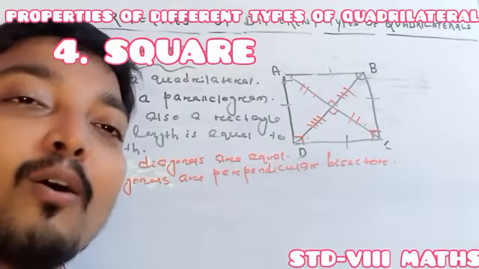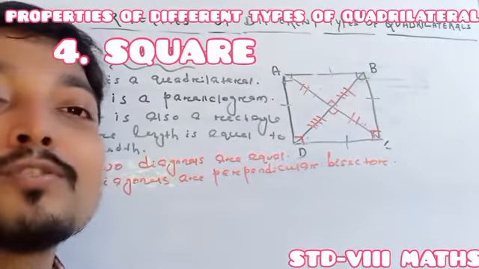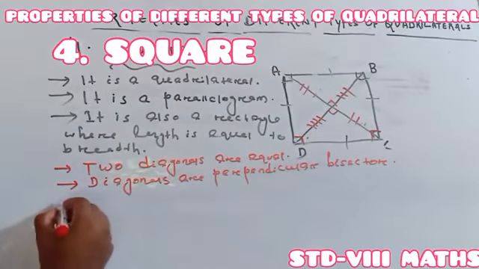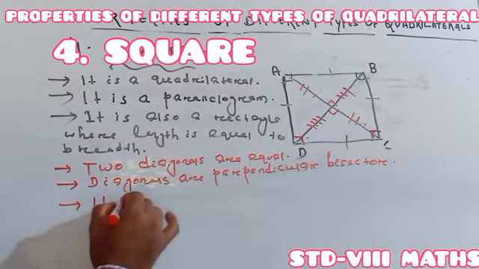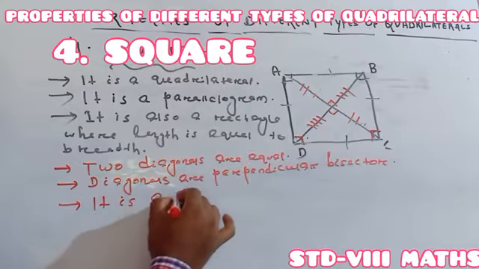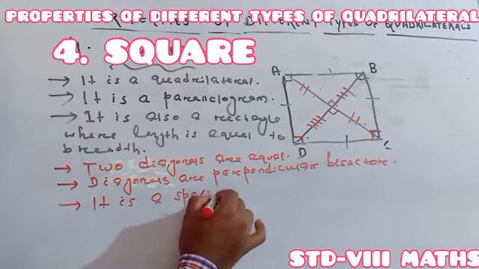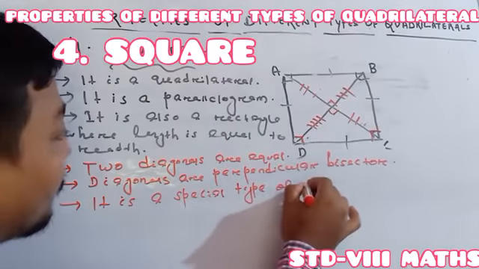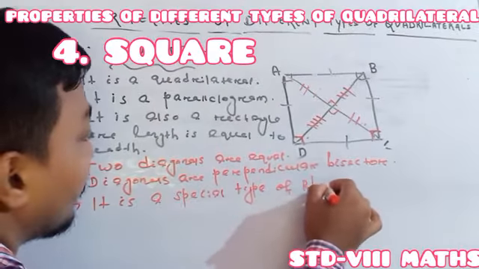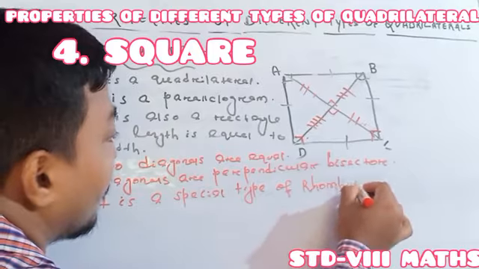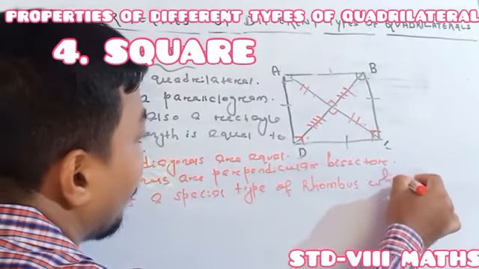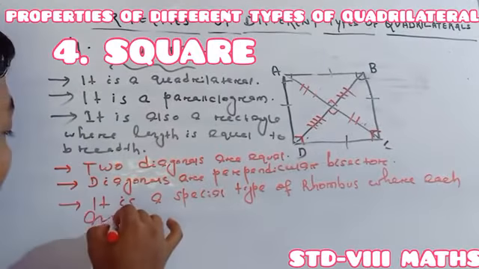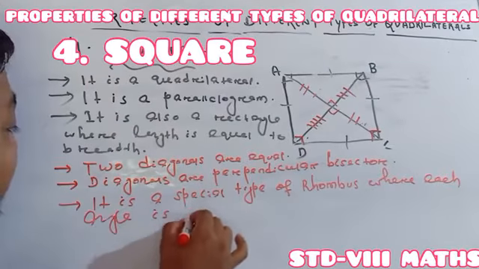Also, in additional, also you have to remember, it is also one type of rhombus. Otherwise, one can call it as it is a special type of rhombus, where each angle is 90 degree.